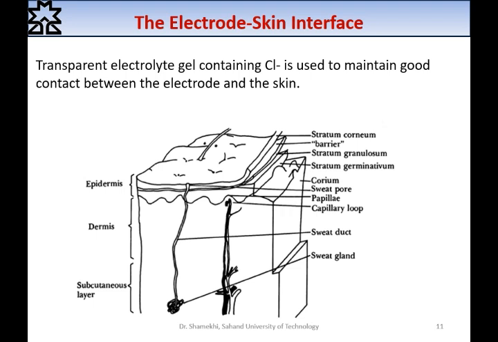In this subject, using an electrode for recording EXG signals from the body, we have a system consisting of an electrode and a skin, and we call this system the electrode skin interface.